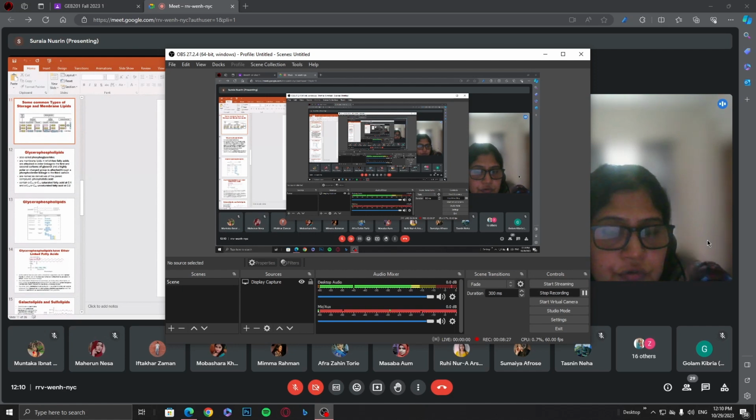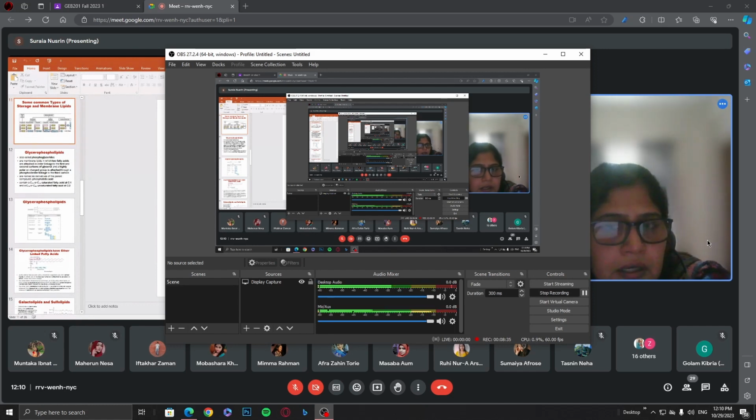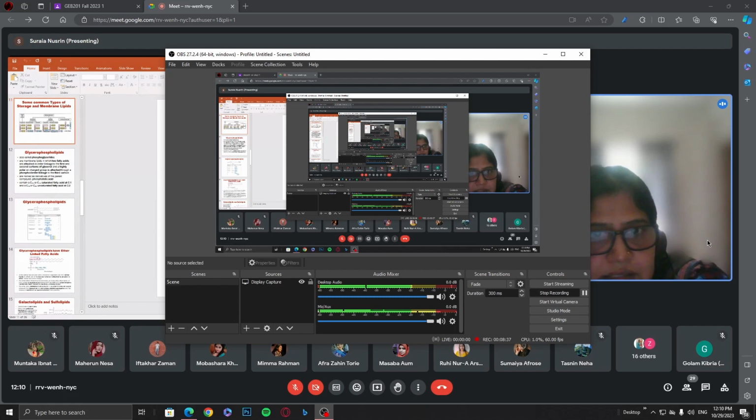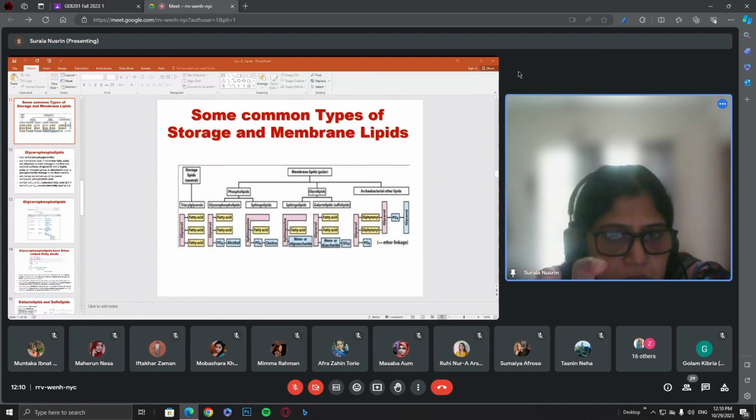So you have to understand how the different bonds are involved in linking the fatty acids and the polar head group, because again we will come to know about that during the biosynthesis of lipids.